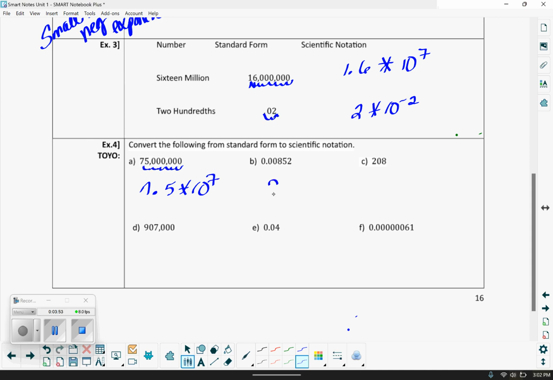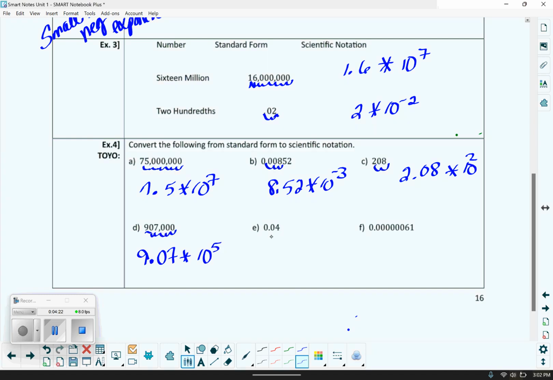This one is going to be a negative exponent, so it's 8.52 times 10 to the negative 1, 2, 3. 208 is bigger than 10, so it's going to be 2.08, one non-zero digit in front of the decimal, times 10 to the 1, 2. 907, so put it right here, so 9.07 times 10 to the 1, 2, 3, 4, 5. 0.4, so it's 4 times 10 to the negative 2.